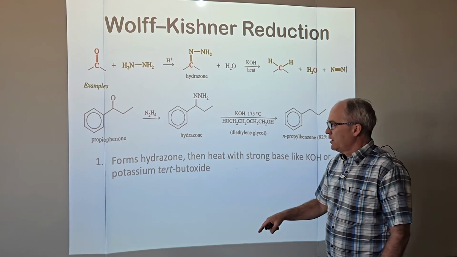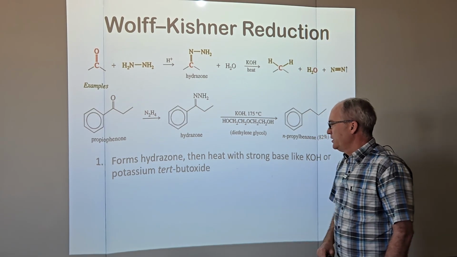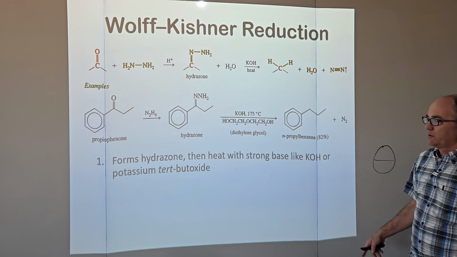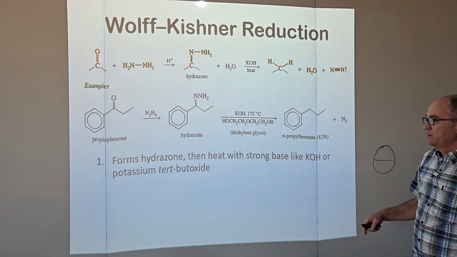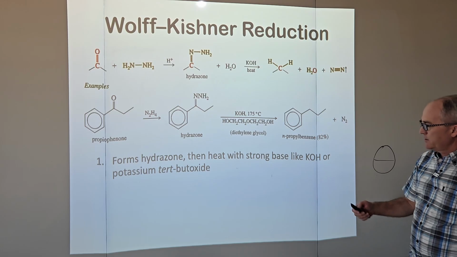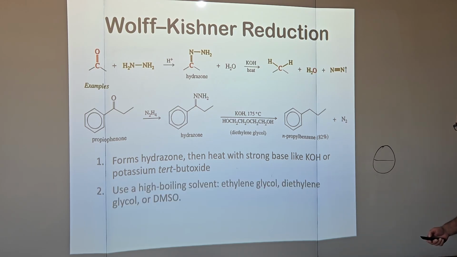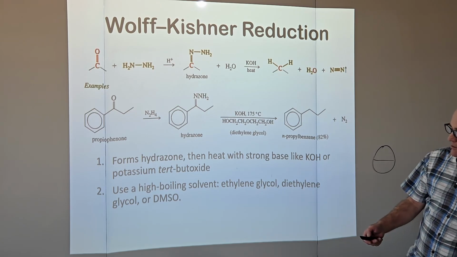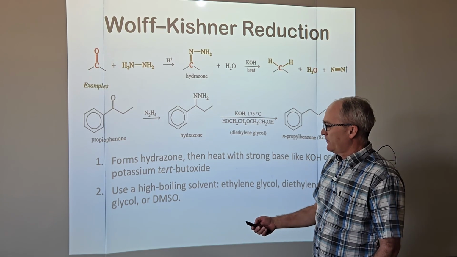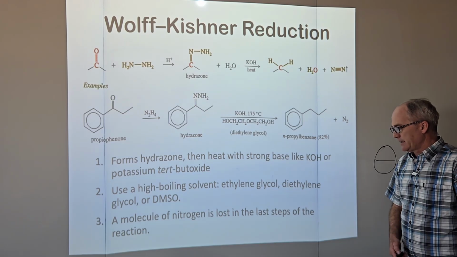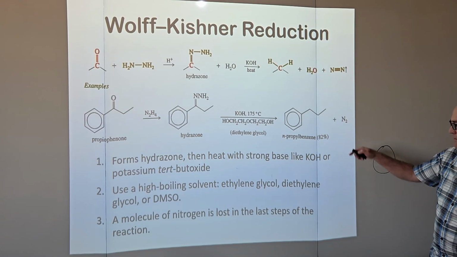Forms a hydrazone, then heat with strong base like potassium hydroxide or that bulky base, potassium tert-butoxide. High boiling solvent like ethylene glycol, diethylene glycol, or dimethyl sulfoxide. A molecule of nitrogen is lost in the last step of the reduction.